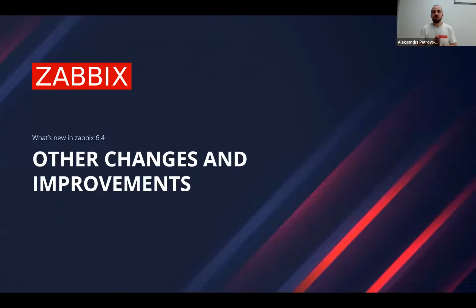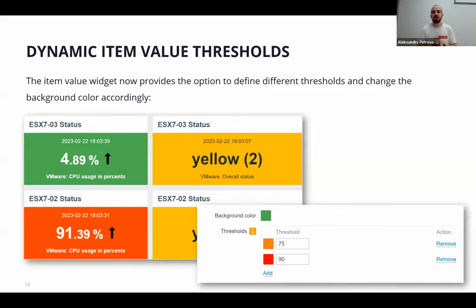And some other changes and improvements, which are a bit shorter to talk about, but still very noticeable. One of those is dynamic item value thresholds. You definitely know the item value widget, a beautiful widget in which we can place the most important metrics, highlight them, and change their design to make sure they're visible and shown in a comfortable form.